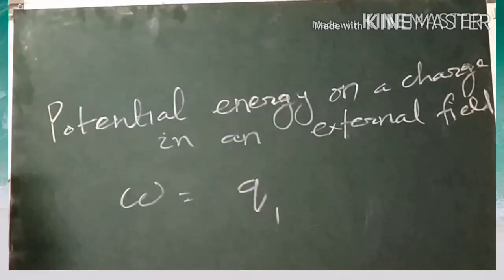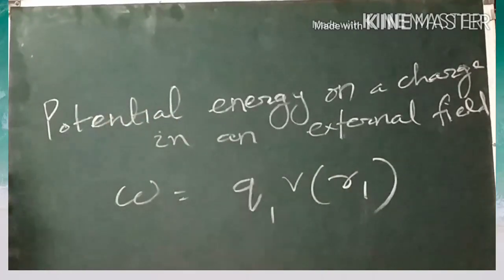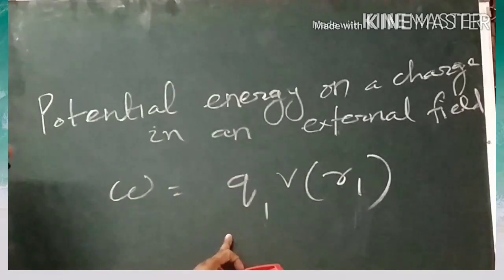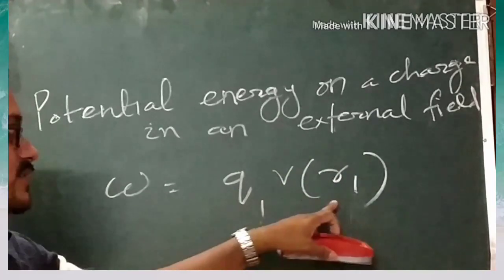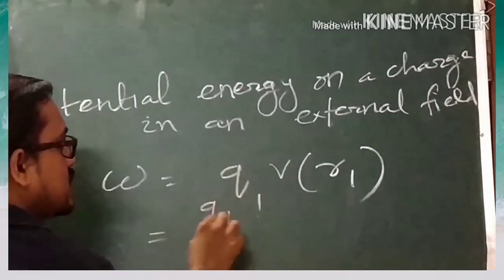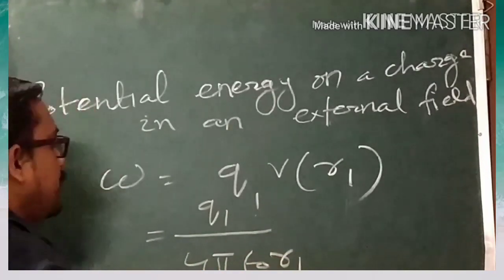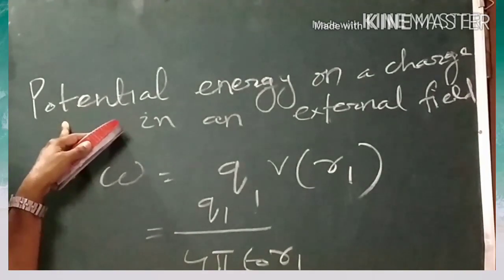Suppose the charge is Q1; we are calculating the net work done in bringing the charge Q1 from infinity to R1, so the potential is V(R1), which is Q1 by 4 pi epsilon 0 R1. Now this work is converted into the potential energy.